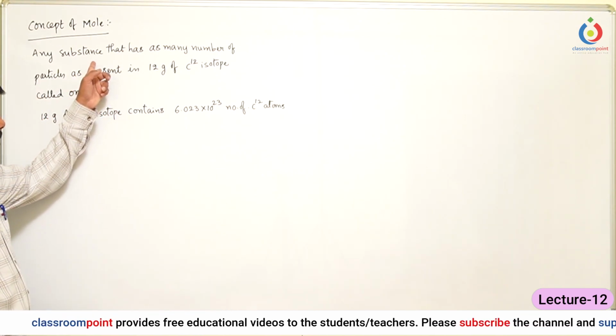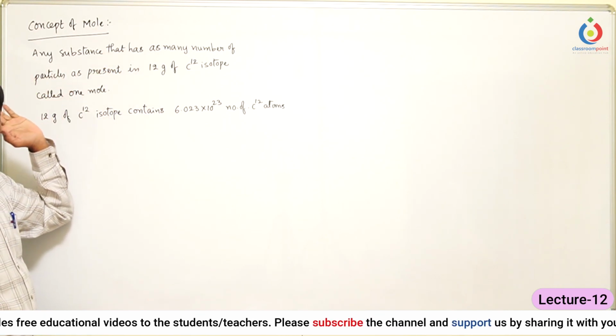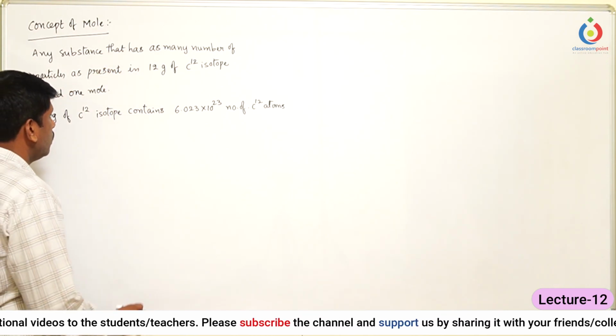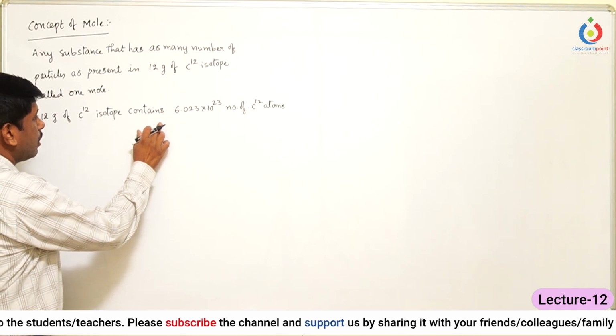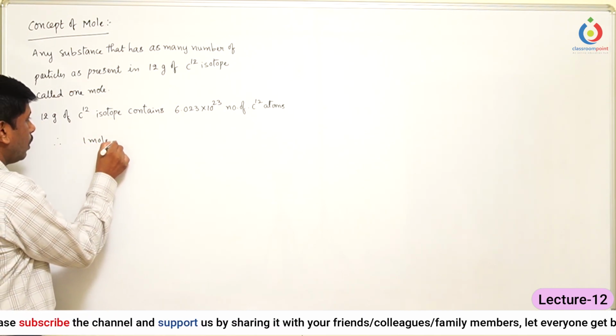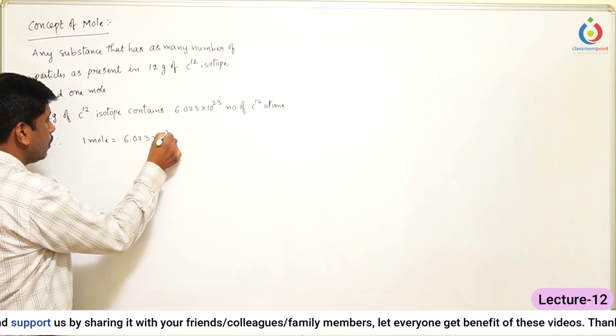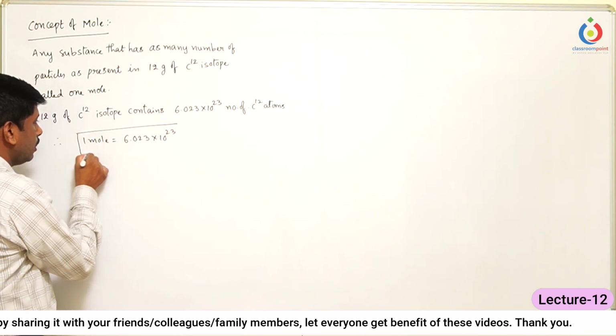If any substance has the same number of particles, then it is called having 1 mole of the particles in it. So from this it is very clear that 1 mole is equal to 6.023 × 10^23. This is the number.